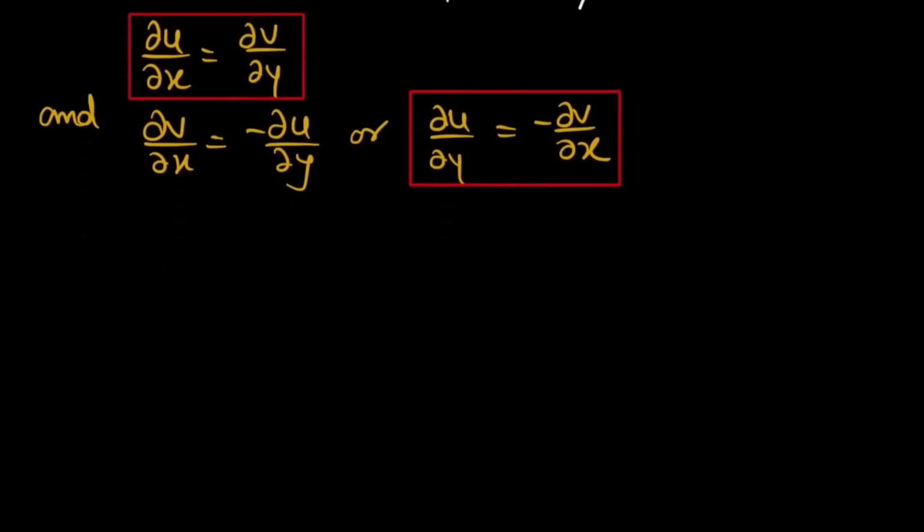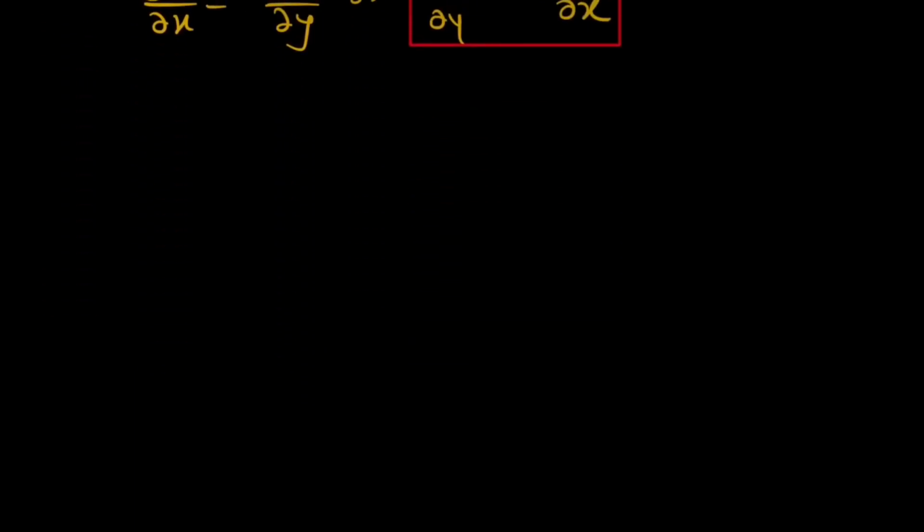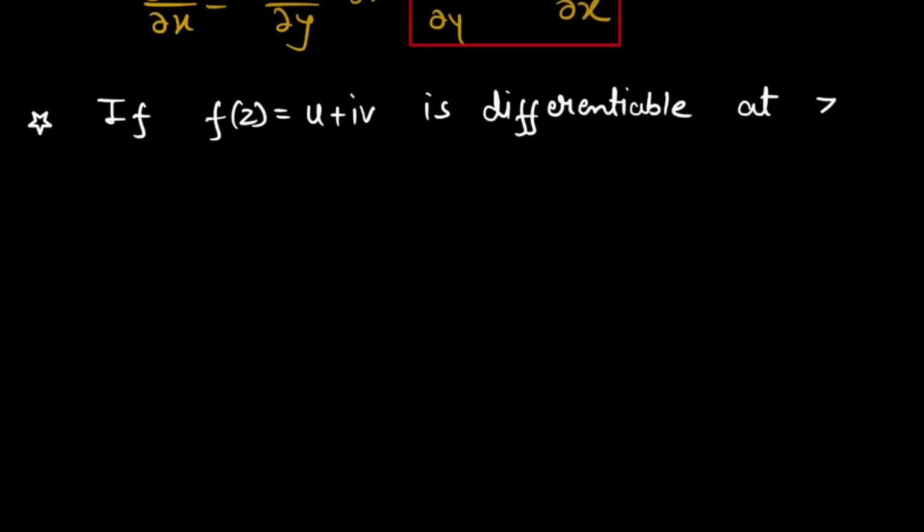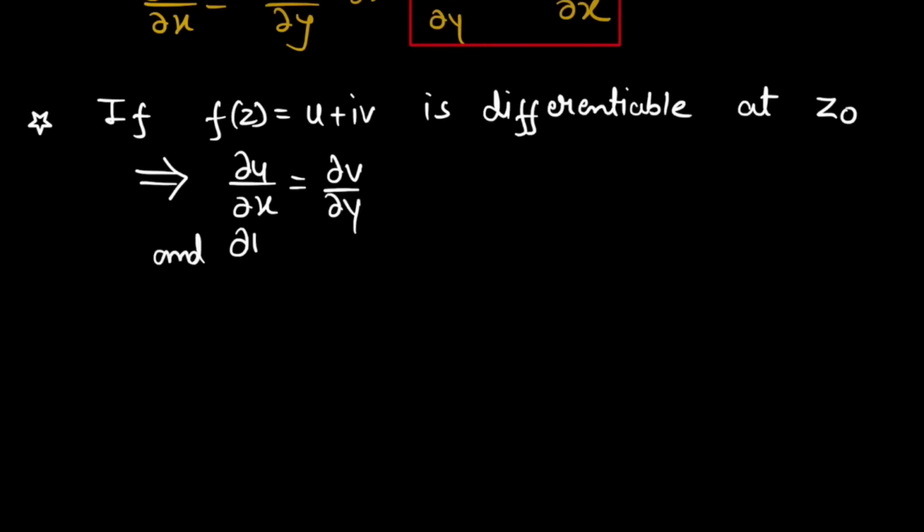Now let's summarize the whole lecture one more time. So the gist of this video is, if function f of z is differentiable at z naught, then del u over del x equals del v over del y, and del u over del y equals minus del v over del x at point z equals z naught.